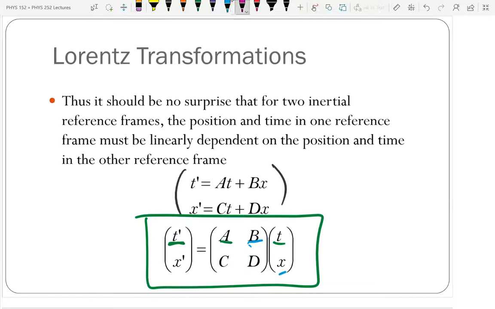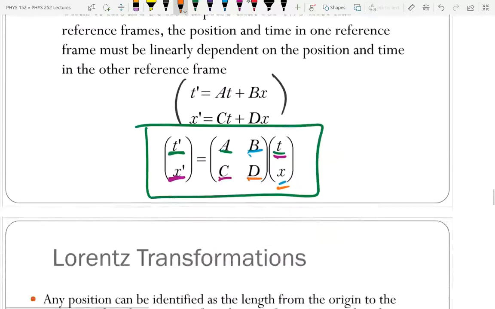And then for the second time through, you go down one, this value is equal to this times this plus this times this. So x prime is equal to ct plus dx. So we're going to try to find this matrix, the A, B, C, D values, for a transformation from one relativistic inertial reference frame to another inertial reference frame.